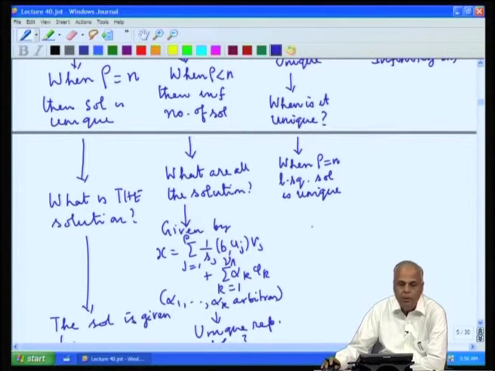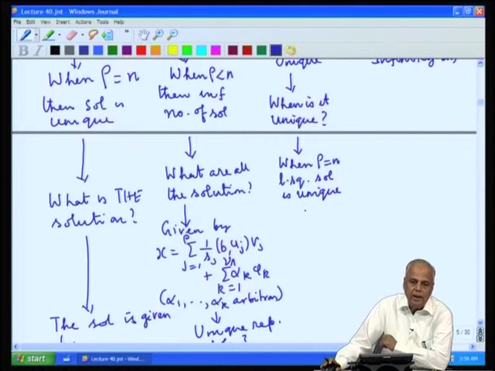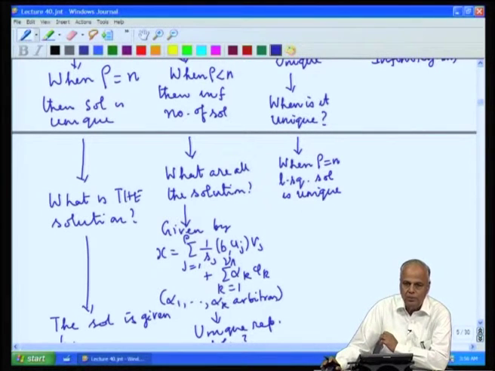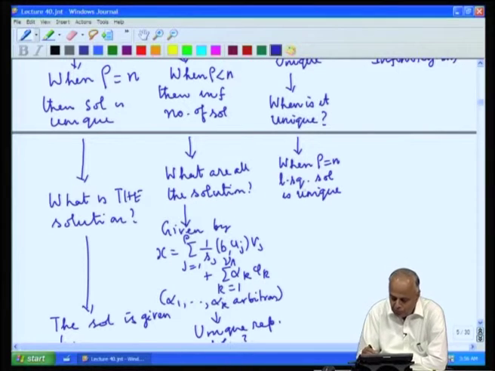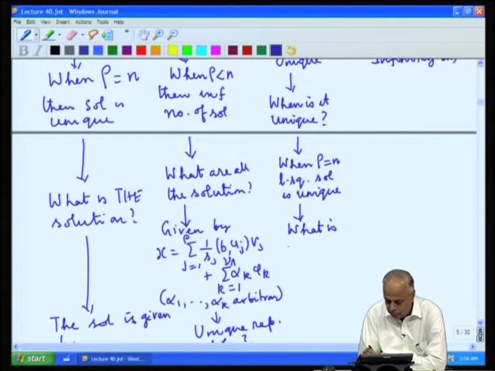And then once you know that you are in the case where you have only least square solution and that least square solution is unique, we ask what is the least square solution? What is this unique least square solution?